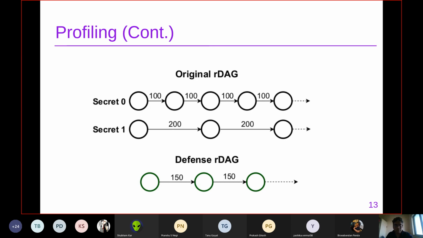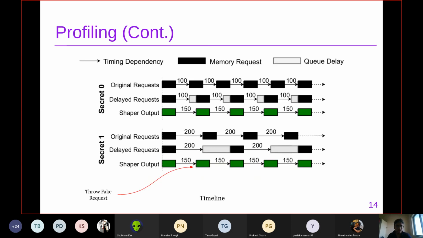So how does this actually protect from the attacker? We'll take these two cases again. In case of secret 0, we had the original pattern, which was in the interval of 100 time units, and the shaper's output was in the interval of 150 time units. Initially, the shaper's output and the original victim's access match, so we emit the victim's request itself.